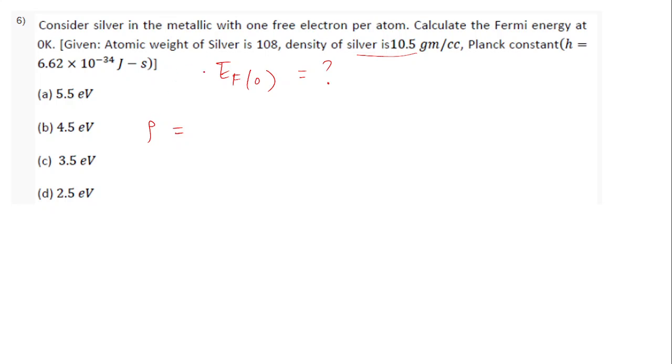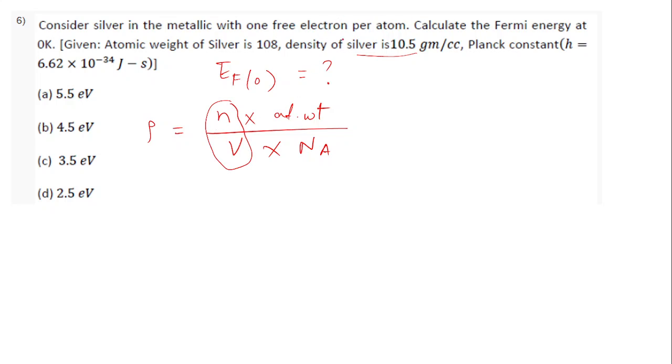Okay. So we know the number of silver atoms per unit volume. If I know the density, then it will be number of atoms multiplied by atomic weight or mass, divided by volume and Avogadro number. Here I want to find out not only the number of atoms but the number of atoms per unit volume.